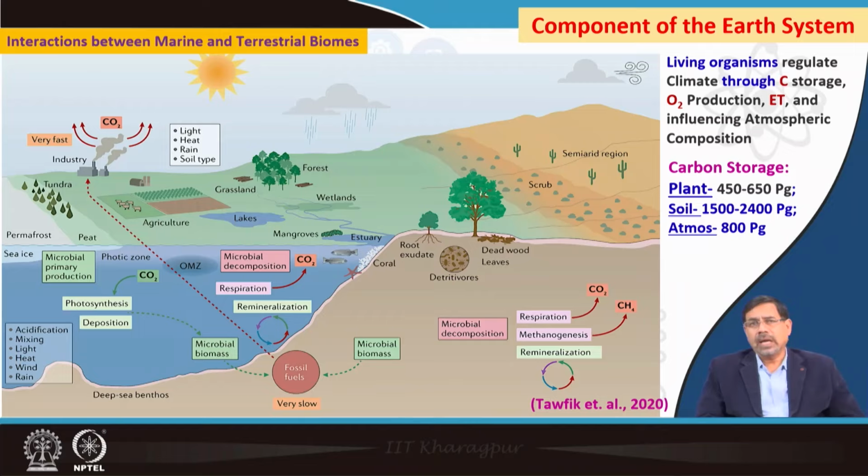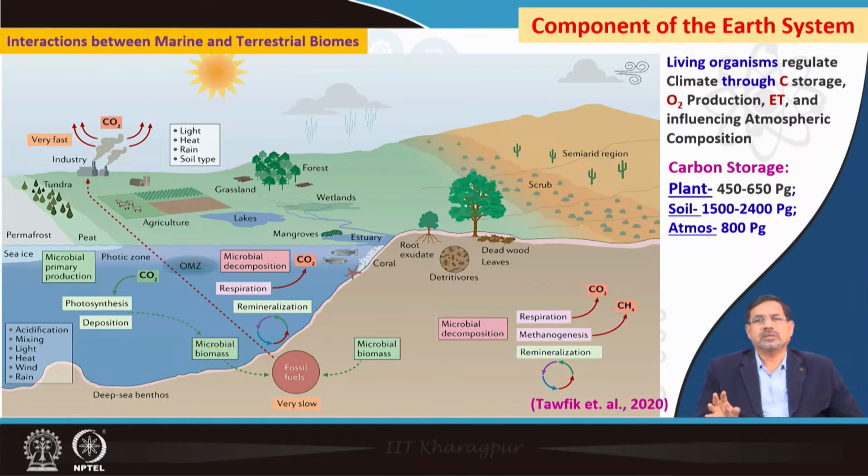Out of that, 99.96% of the carbon is buried in the lithosphere. The rest, 0.04%, which is equivalent to about 40,000 petagrams of carbon, is in active circulation, active movement. Out of this 40,000 petagrams, close to 38,000 petagrams of carbon is in the ocean.